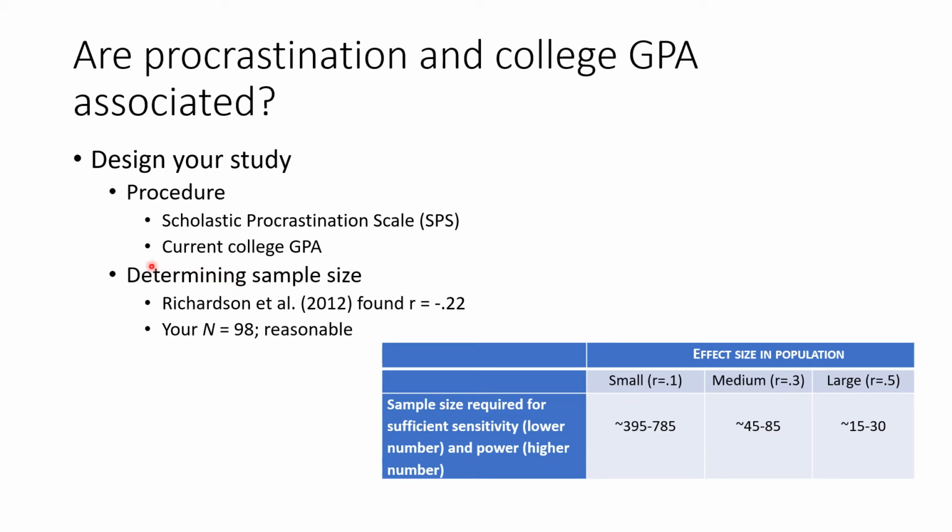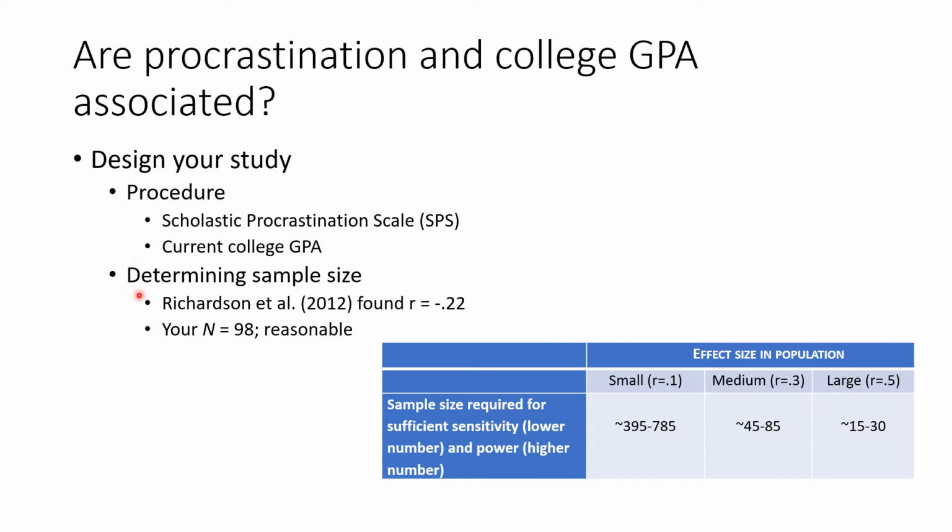So the study here is very simple. You're simply giving a bunch of volunteers the scholastic procrastination scale, and then you're collecting their current GPA and going to see if there's some association between these 2. Again, a very simple correlational design.